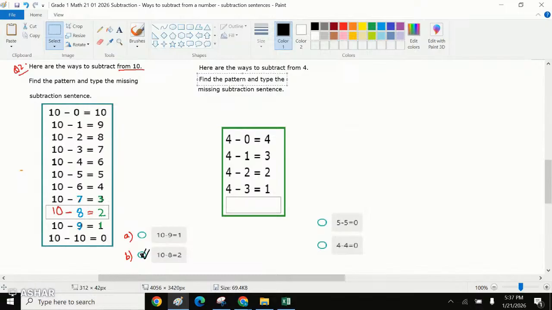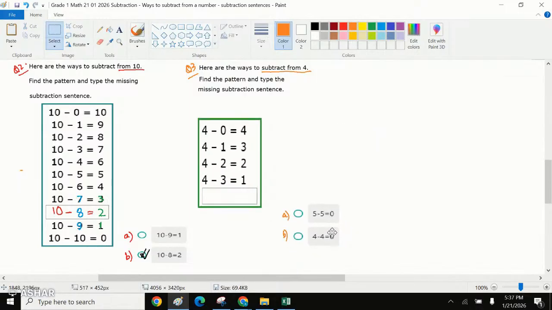We need to find the missing one, and we are subtracting from 4. So option A or option B? Which option would be correct?